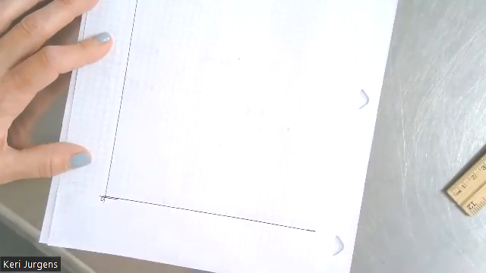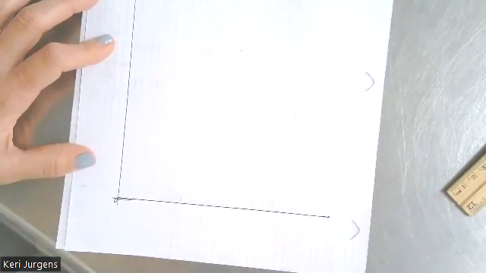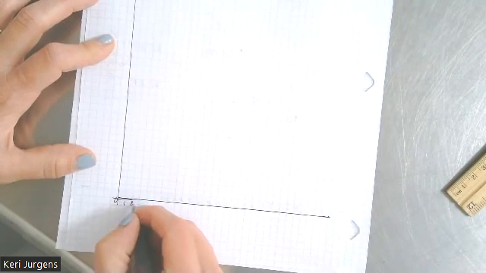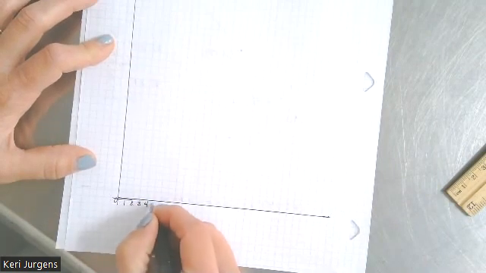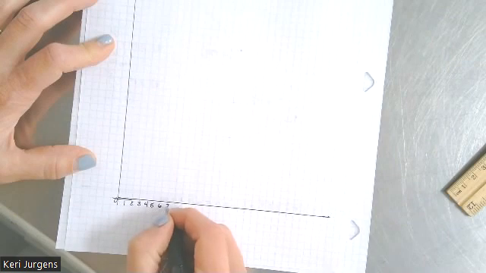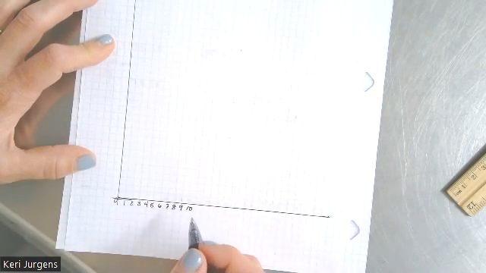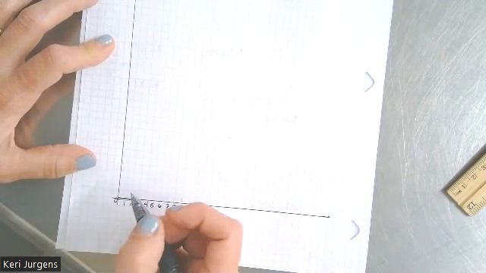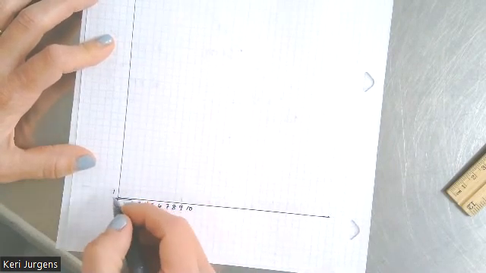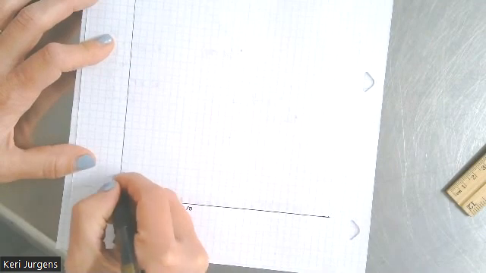They start here at 0 at the origin. Looks like I only need to number to 10 on this x-axis. And my y-axis needs to go to 19.